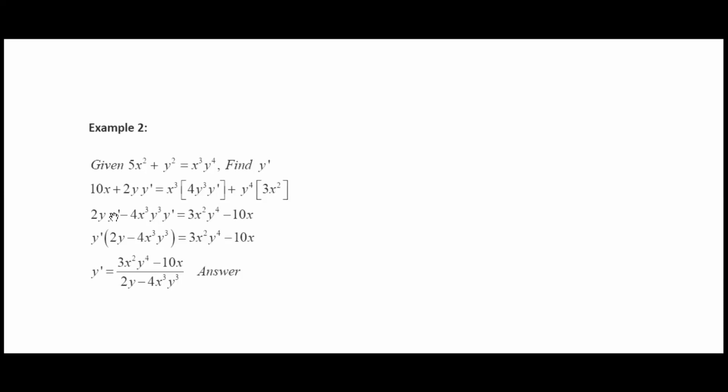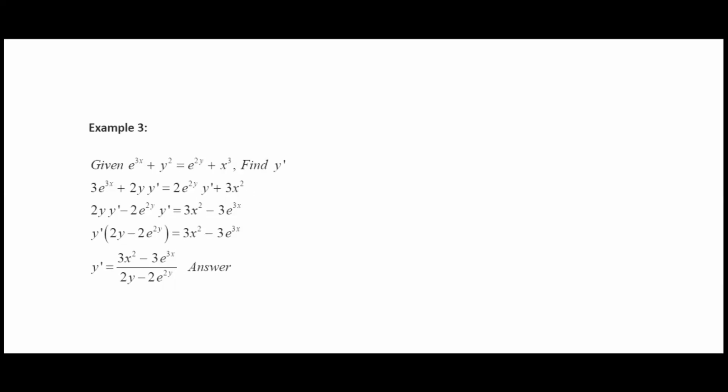We're going to factor out a y prime. And then we're going to solve for y prime by dividing each side by this quantity. There's your answer. Now this problem is a little more difficult because we have to use a product. Okay, so we're stepping up our level of difficulty.